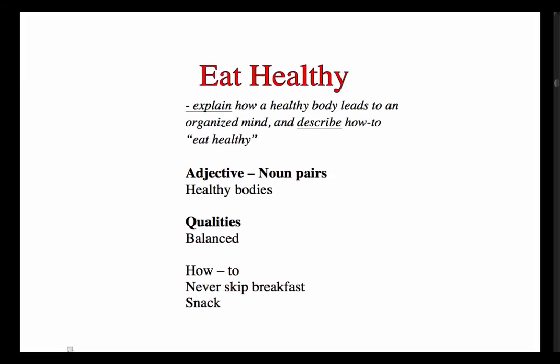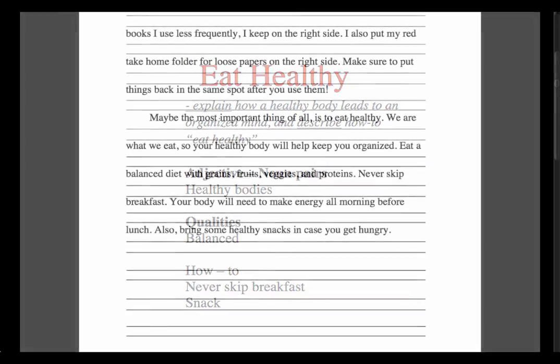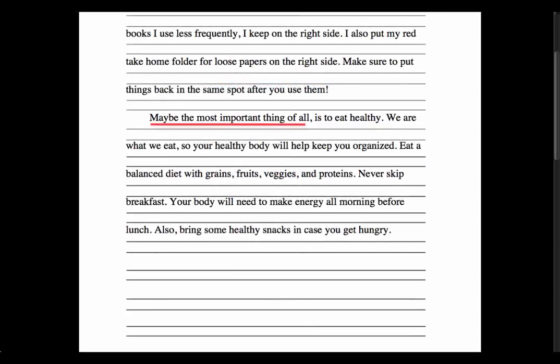In the paragraph for your third big idea, you need to explain that a healthy body leads to an organized mind, and you need to describe how to do this. Make sure you begin the paragraph with organizing words that signal this is your last idea.